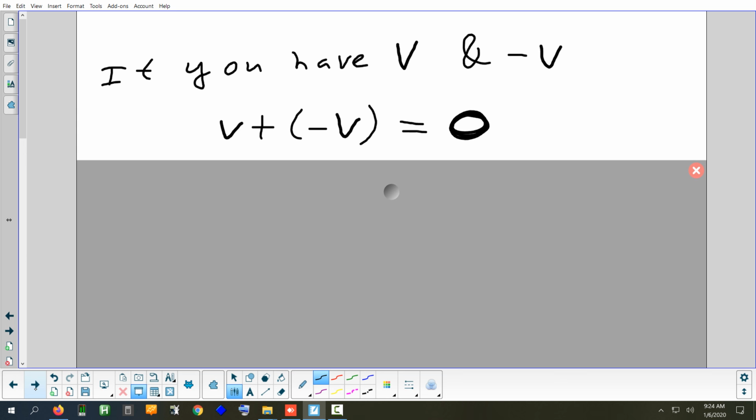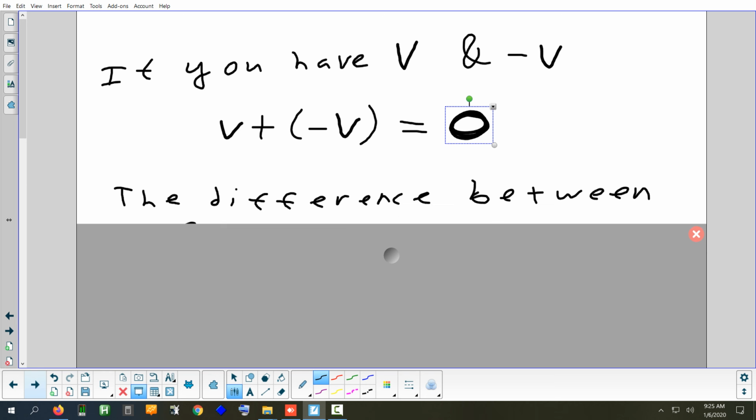Two vectors that are opposites added together will give you the 0 vector. Notice I made it bold. The way I had it originally, I had 0 as a number. That's not right. It should either be bold or have an arrow on top of it, because we said earlier, anytime you add vectors, the answer is always a vector.